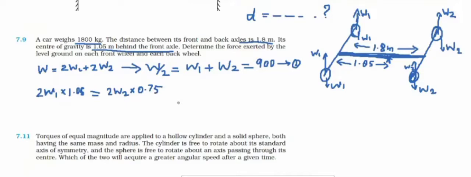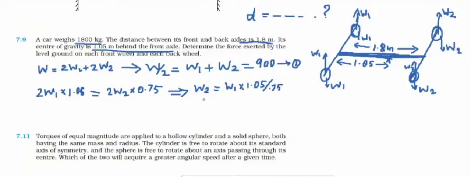Now, what can be done? From this equation, you can find the value of W2. Here 2 and 2 cancel. Then you find the value of W2 from this equation. Value in the sense W2 you will get in terms of W1. Okay. So W2 is equal to W1 into 1.05 divided by 0.75.